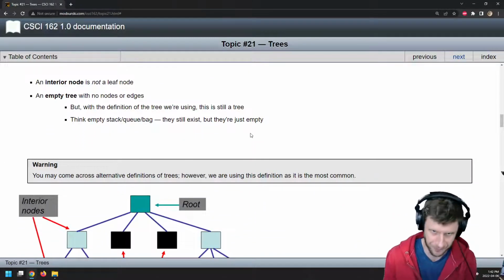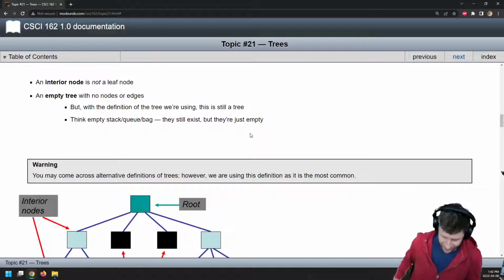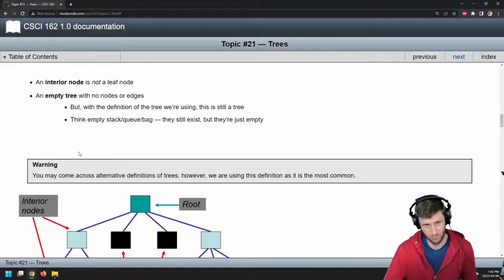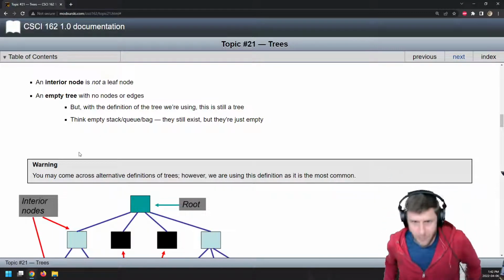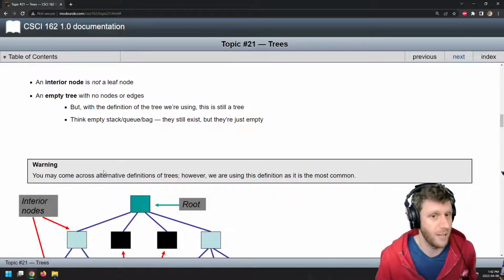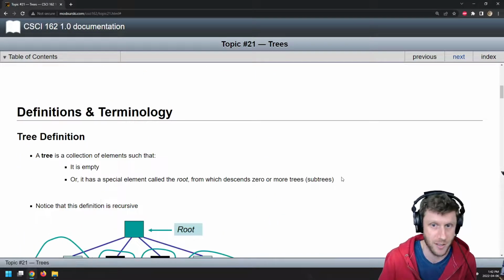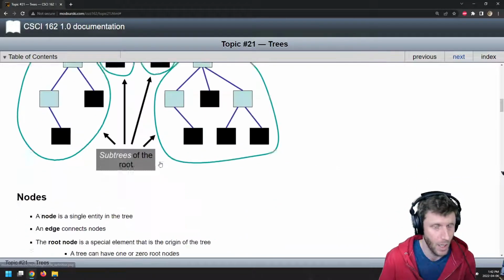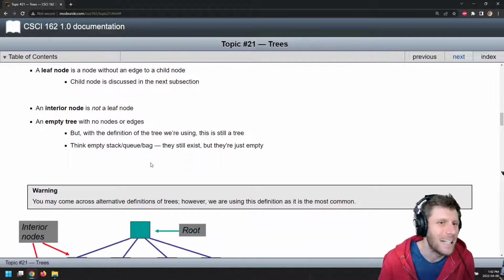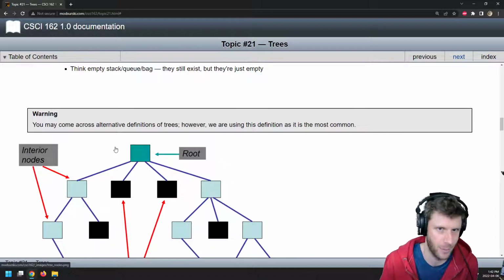Warning. This is a big one. Are you all listening? There are other definitions of trees. You can go and find slight variations of a definition of a tree. This is the definition we have here, and you can find slightly different variations. They're going to be very, very similar, but slightly different.